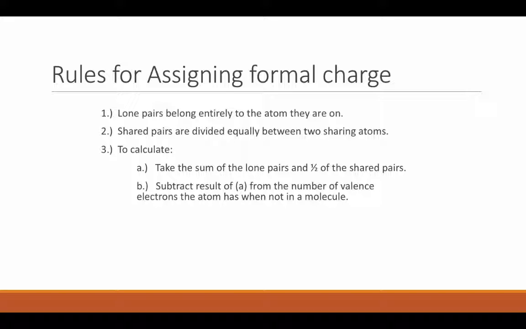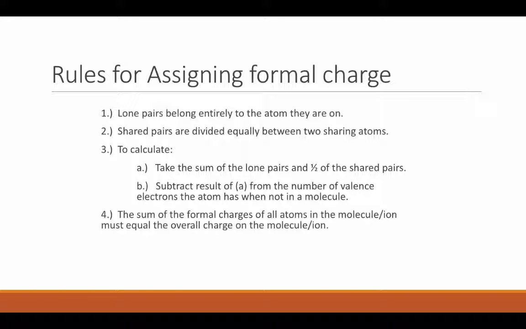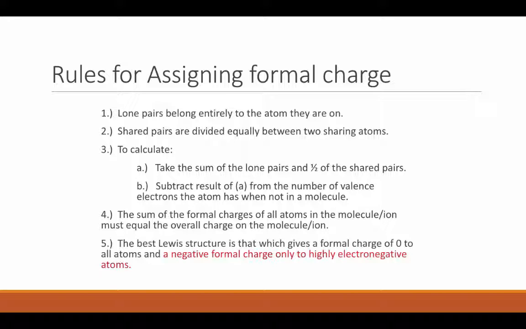Once we've assigned formal charge to all the atoms in the molecule, we have a few guiding principles to help us determine which Lewis structure is best. First, the sum of the formal charges on all atoms in the molecule or ion must equal the overall charge of the molecule or ion. So if it's a neutral molecule, they should add up to 0. If it's an ion, they should add up to the ion's charge.